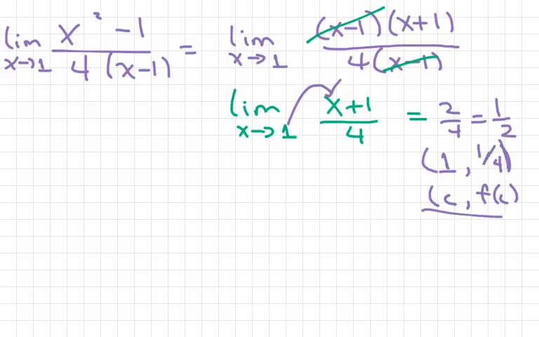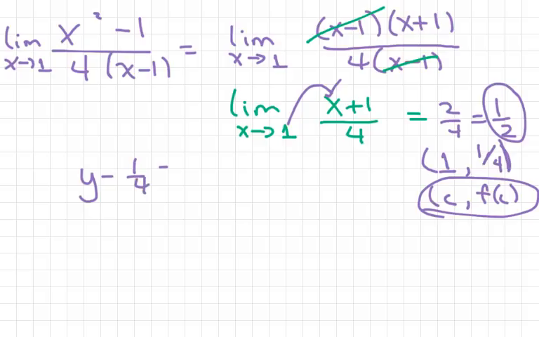They gave you that already. I'm sorry. And this is the slope, and then you just fill it in. You're going to say y minus 1/4 equals 1/2 times x minus 1. And that's the equation in point-slope form. You can see the point here.